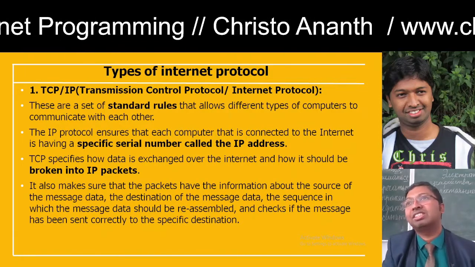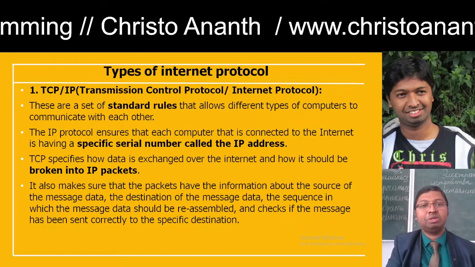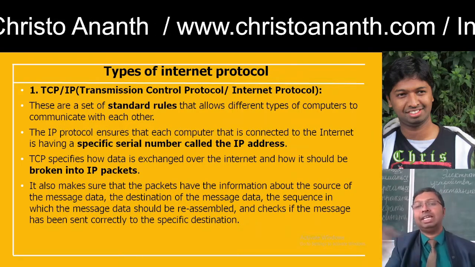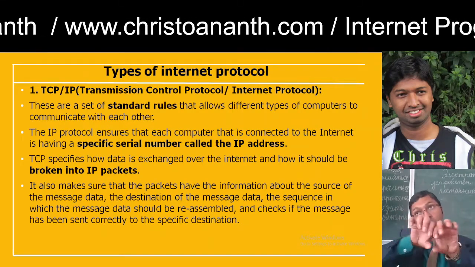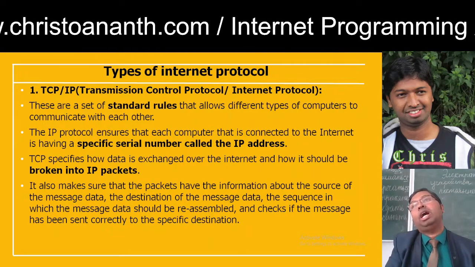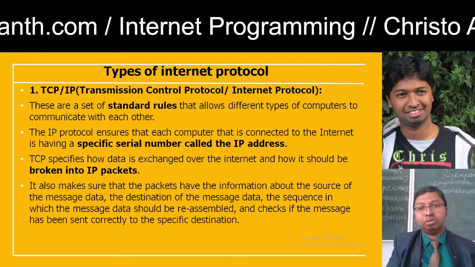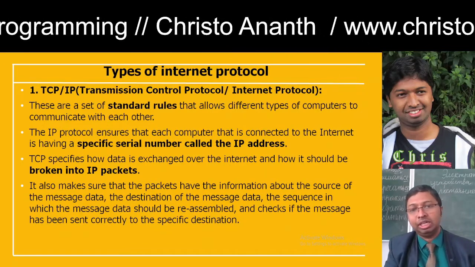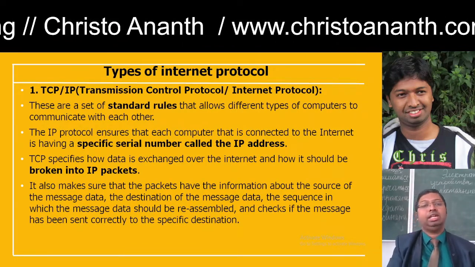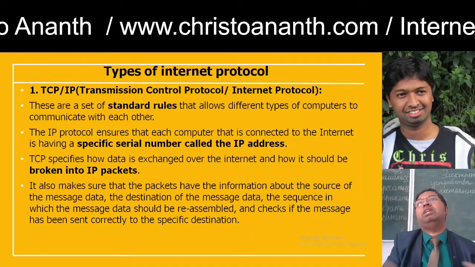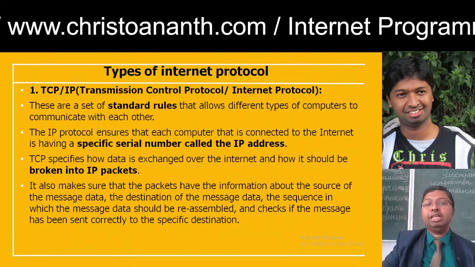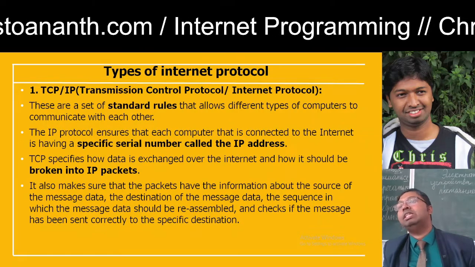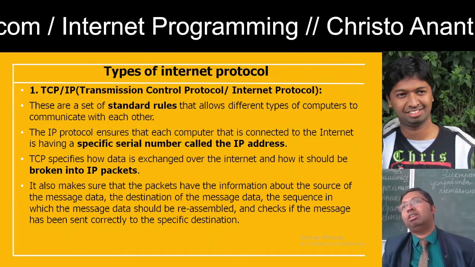That's an IP address. TCP specifies how data is exchanged over the internet and how it should be broken into IP packets. Packets carry information about the source of the message data, the destination, the sequence in which we are sending the information, and whether the message is being sent correctly or not.